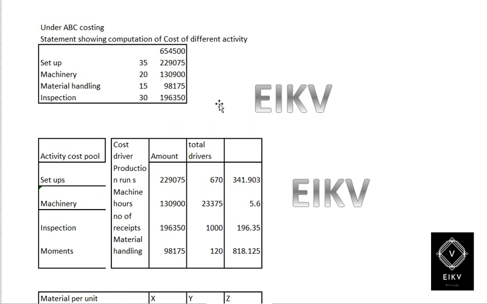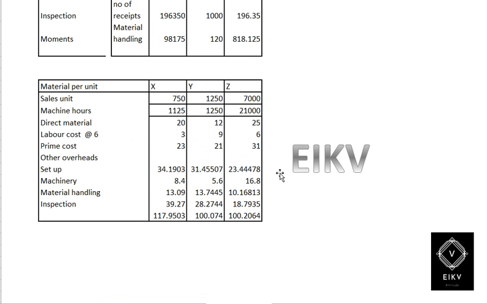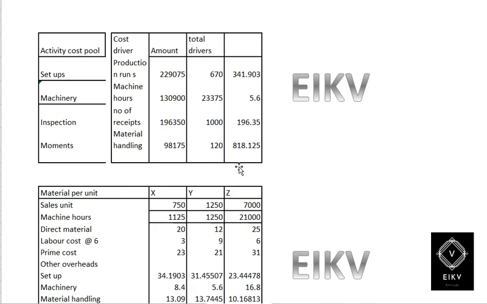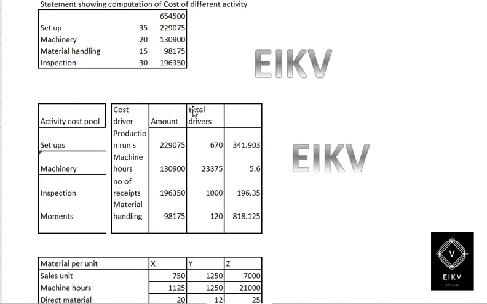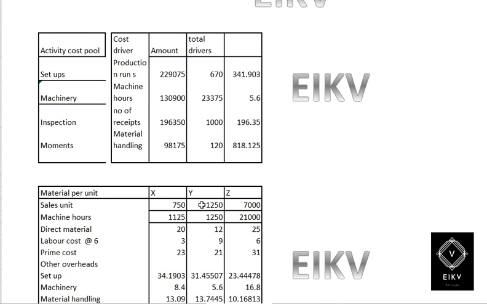In the same way, 341 multiplied by 115 divided by 1250 will give you 31.48, and so on.